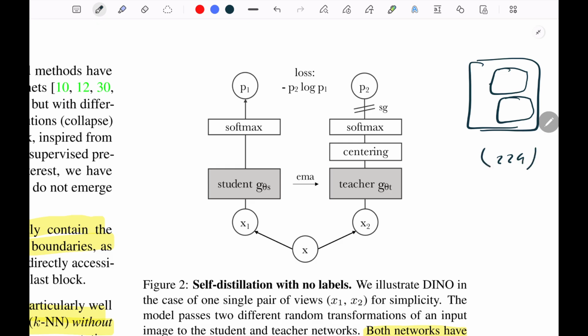I'm going to name those B1, B2, and you will have 8 small crops, S1, S2 up to S8. So B1, B2, and S1, S2 up to S8.